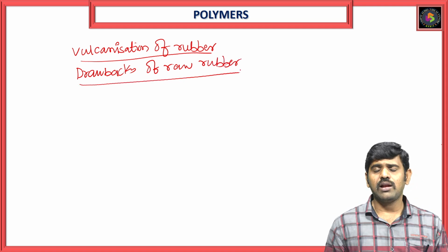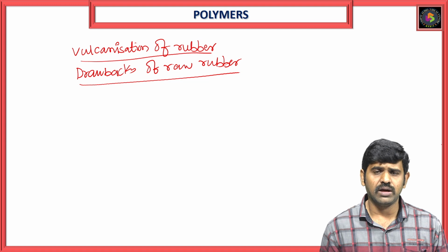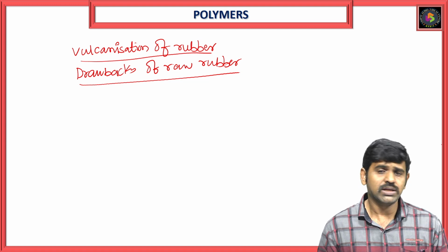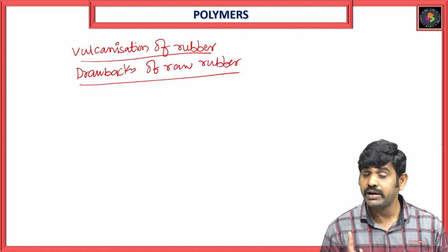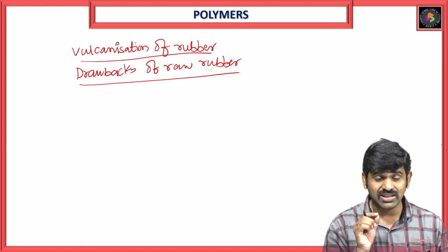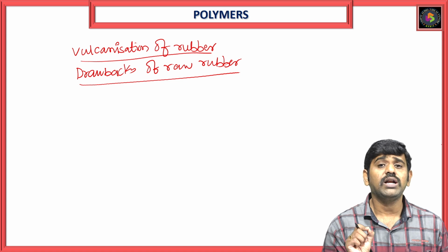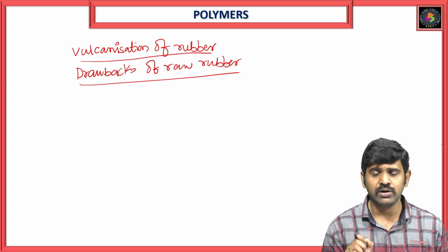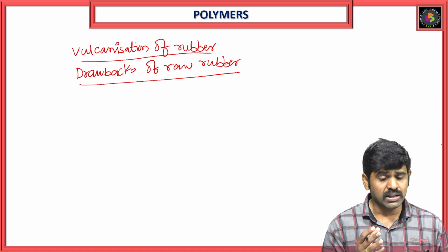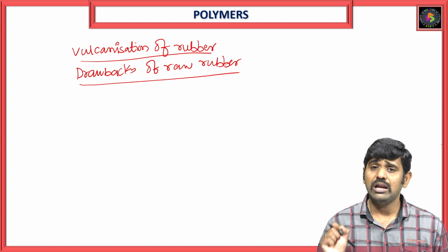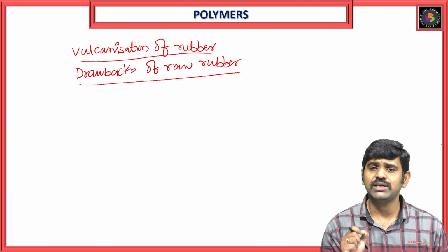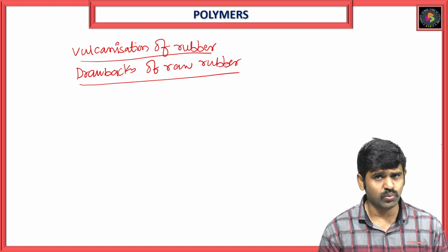Generally raw rubber is plastic in nature, soft at high temperatures and brittle at low temperatures. So raw rubber is mainly used in the temperature range of 10 to 60 degrees only. It possesses low tensile strength, that is 200 kilogram per centimeter square.